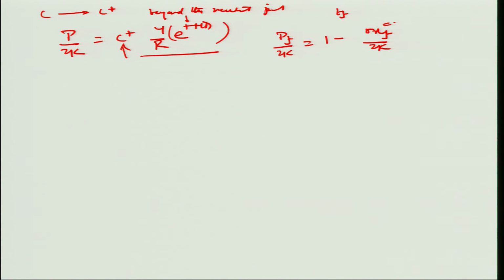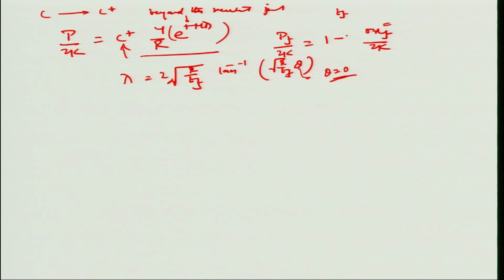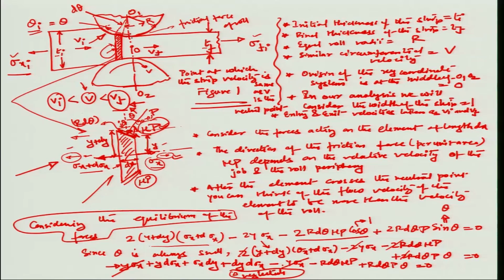Therefore I can easily have the theta I being equal to, if I look at how we have formulated lambda here, lambda is equal to twice root of r by Tf tan inverse of root of r by Tf times theta, and I am saying that at the exit point of the roll the condition corresponds to theta equal to 0. Let's go back to the earlier module where we were talking about such a theta.